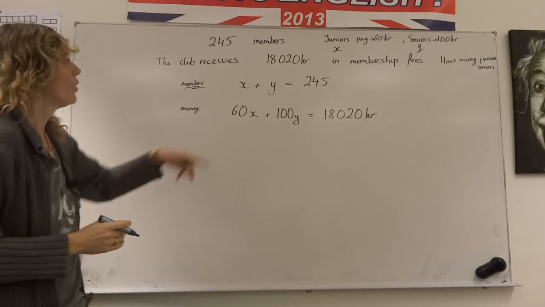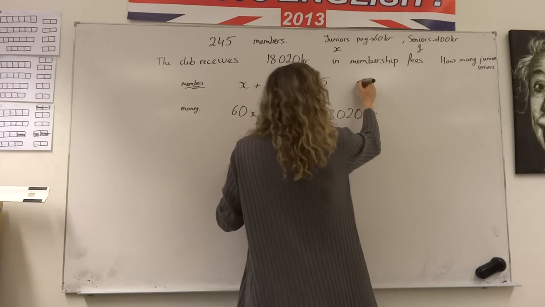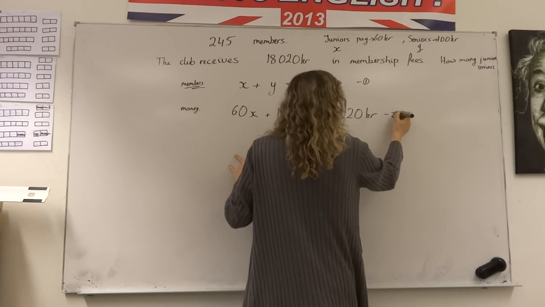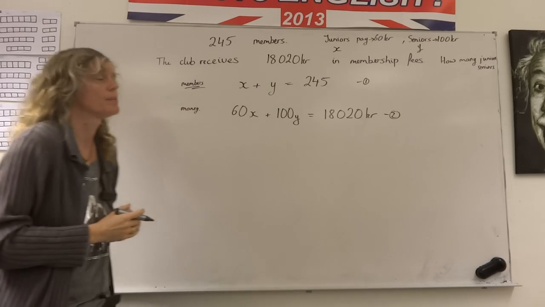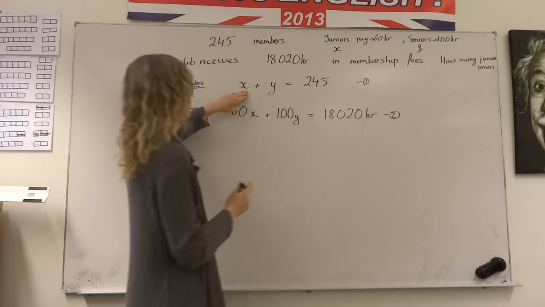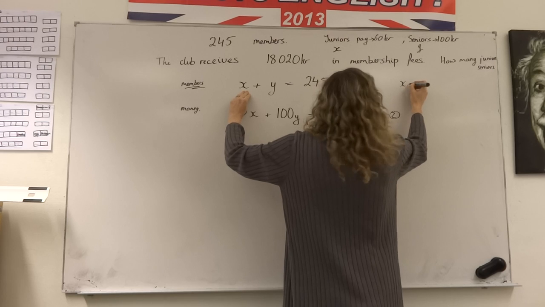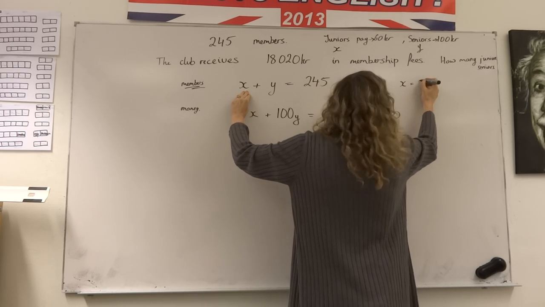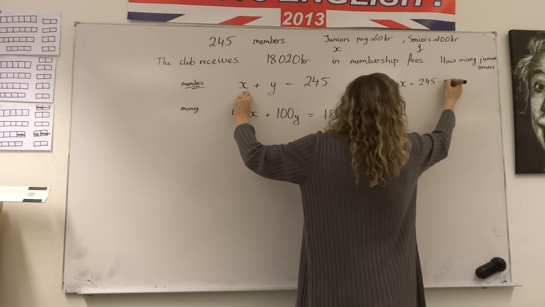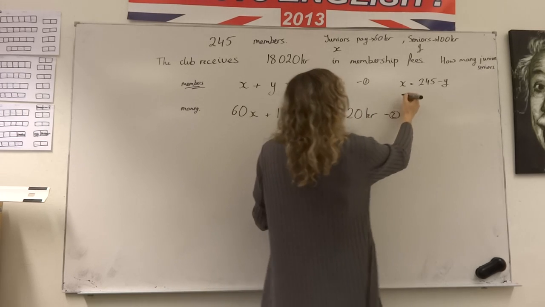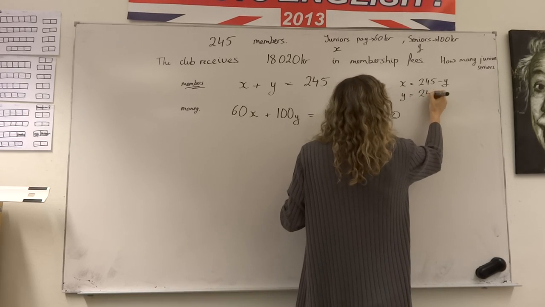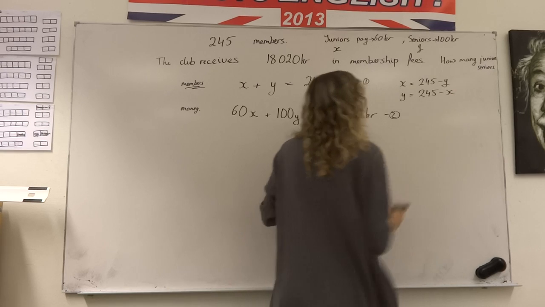So we now know that if we rearrange equation 1, and here I do think that the Swedish method is much simpler, we get that x equals 245 minus y, or we could get that y equals 245 minus x.